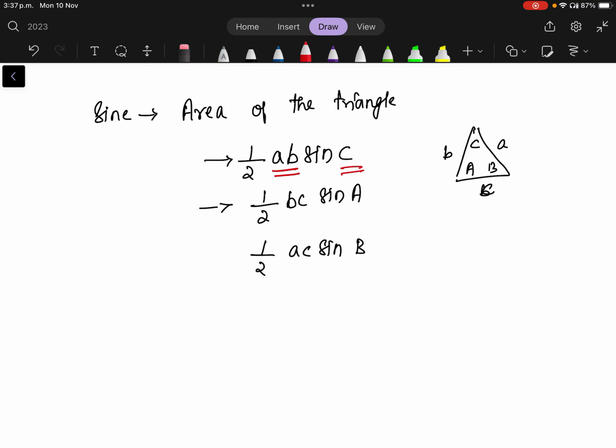That is how we understand the pattern. Definitely there will be questions on this, so you need to understand how you will mark the sides and find the angle which is not available.